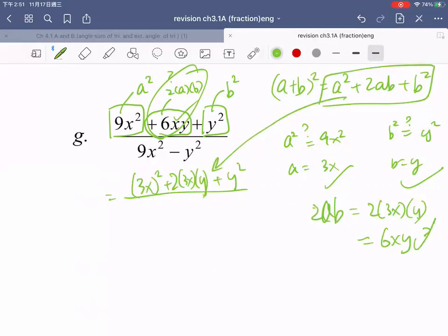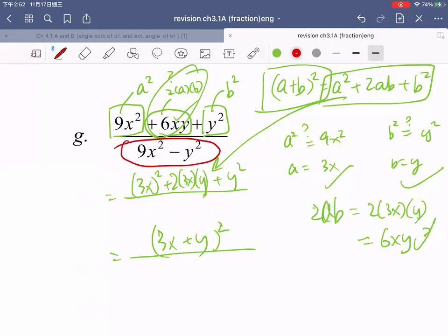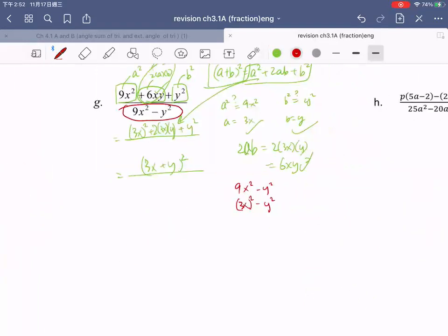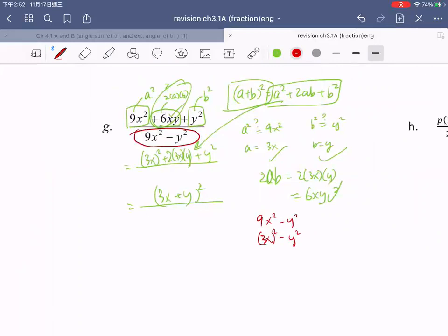And then you can check this one. This time a is 3x and b is y. And of course, this one is another pattern: 9x squared minus y squared, both squares. Another formula: a squared minus b squared is a plus b times a minus b.